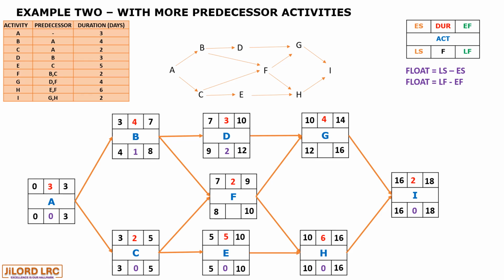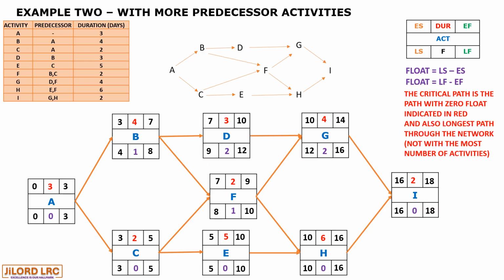Now between activity B and C, which has 3 activities linked to them, we shall pick the least values among them to be their latest finish. So for activity C, we choose 5 instead of 8, and for activity B, we choose 8 instead of 9.